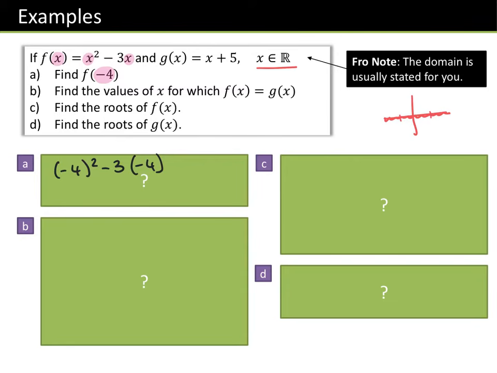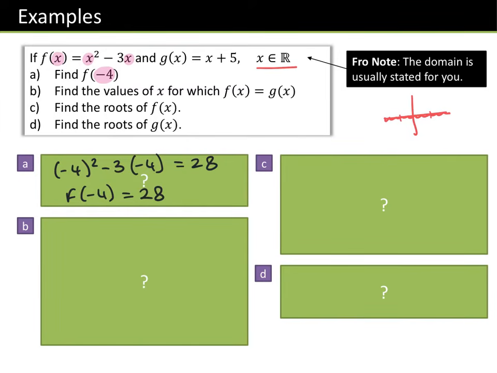Those of you who struggle with mental arithmetic in your head, the reason why we do brackets is because when you put it into your calculator it will do BIDMAS. Okay, so we need to do brackets first. So, 16 plus 12. So f of -4 is 28. And again, if you can't do that in your head, please use a calculator, but use your brackets.